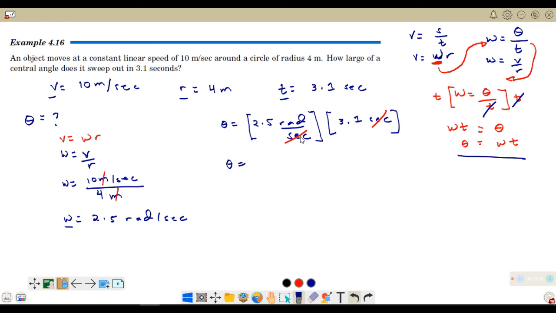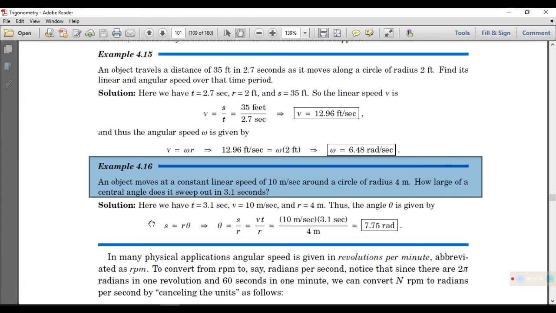So, 2.5 times 3.1, we have 7.75 radians. Okay? So, let's check. Ayun, 7.75 radians. Tama naman yung value natin.